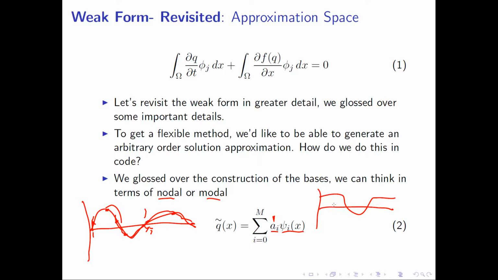You can think of modes as being an increasingly higher order basis. The lowest order mode would be a constant. The next mode would be linear. The next highest mode would be quadratic, and so on and so forth.